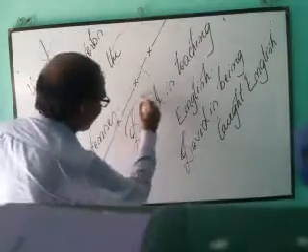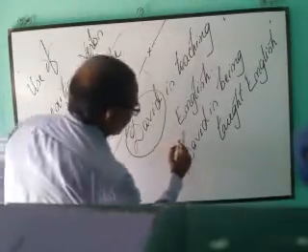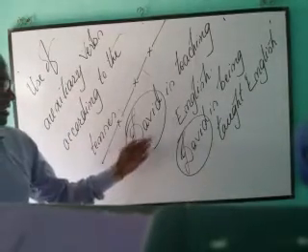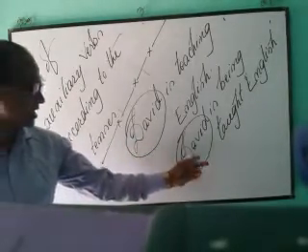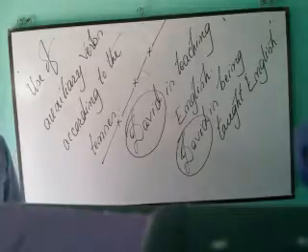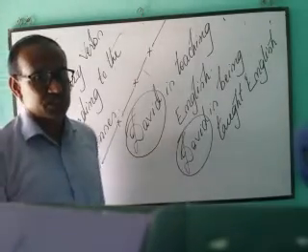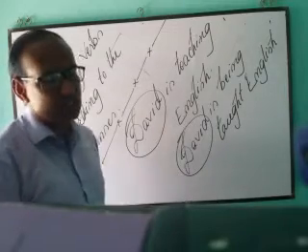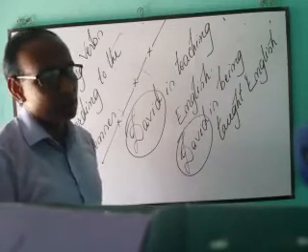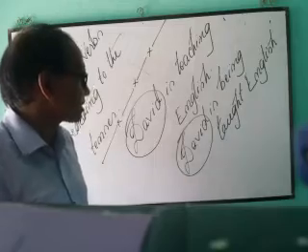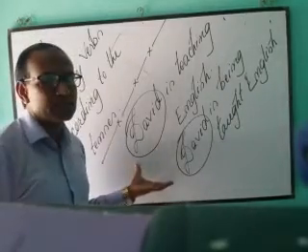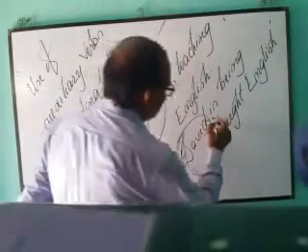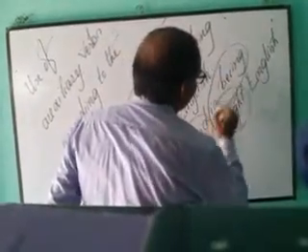So, how do you define subject and object? Here, David is subject. Here, David is object. So, my question is, do you want to differentiate or identify active voice and passive voice by identifying subject and object, or by identifying auxiliary verb and then main verb?